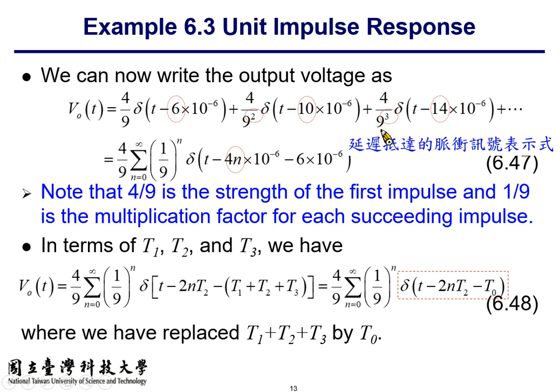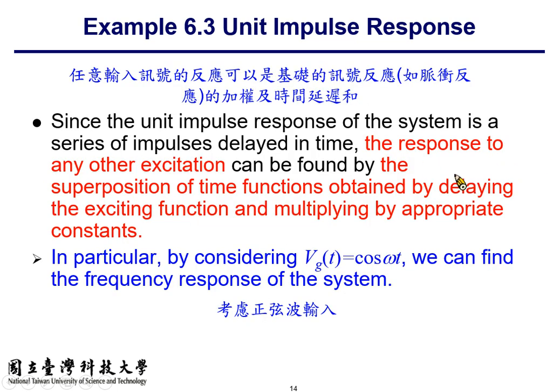So this is a more general expression, but essentially the same as 6.47. And the next thing is important, which means I do not have time to elaborate on it today. I will probably need to reiterate this aspect tomorrow.